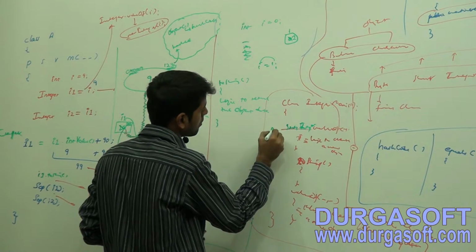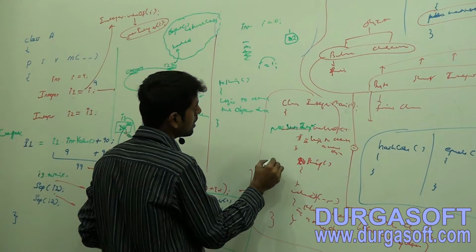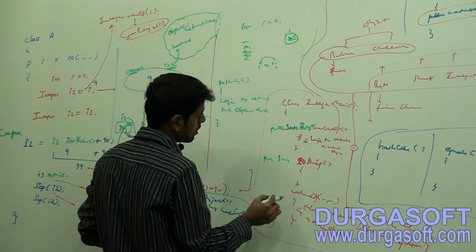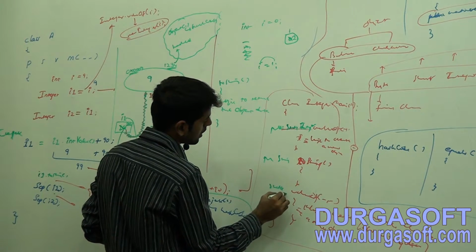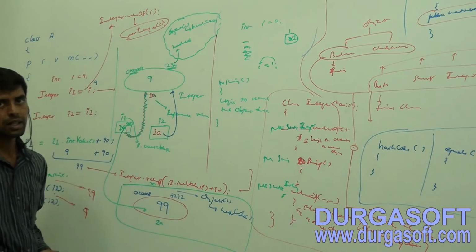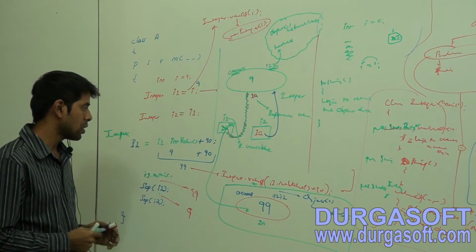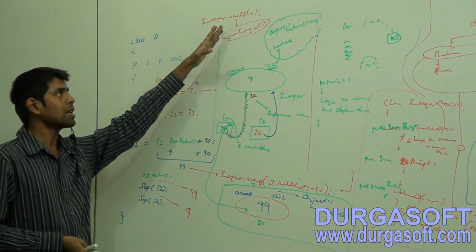Some are instance and some are static methods, all public static Integer return type. That is valueOf methods. So here you can call by using the class name.